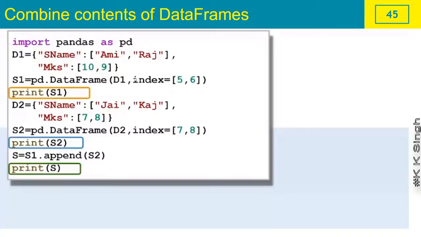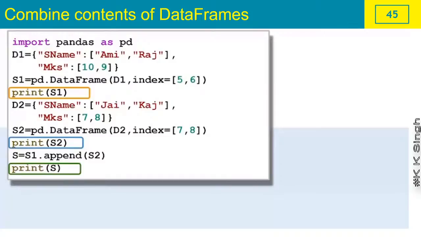If I omit index, that is what happens, but since we have deliberately taken index and given values like 5 and 6, index values will be 5 and 6. So these are the locations, LOC.